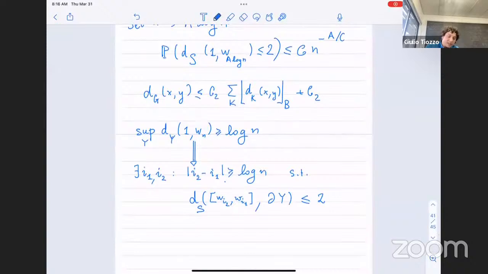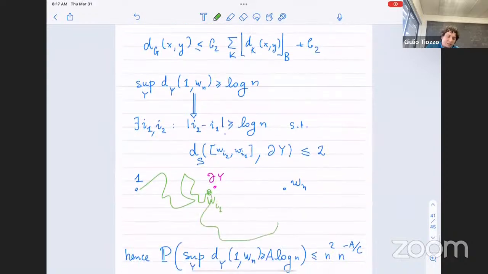Okay, and so basically the picture is what I said before. So the picture is this. You have your walk from y1 to wn, and you have your boundary of y somewhere, and so you have your path. This path is at some point at time I1 gets close to boundary y, maybe.